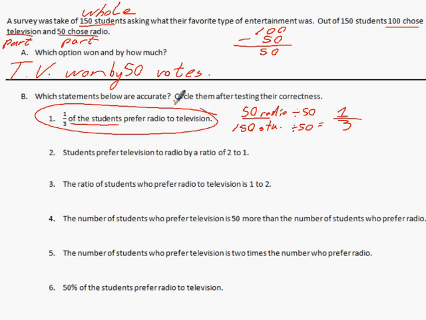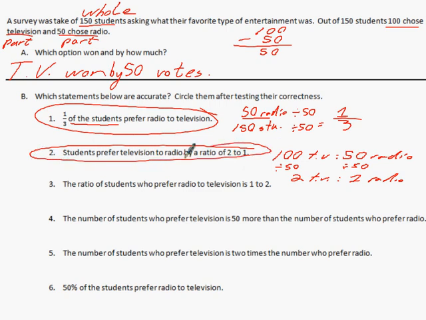Number 2. Students prefer television to radio by a ratio of 2 to 1. So let's see, 2 to 1. Television to radio. Well, it's 100 in TV, 50 radio, divide by 50, divide by 50. I get 2 TV to 1 radio. 2 to 1.